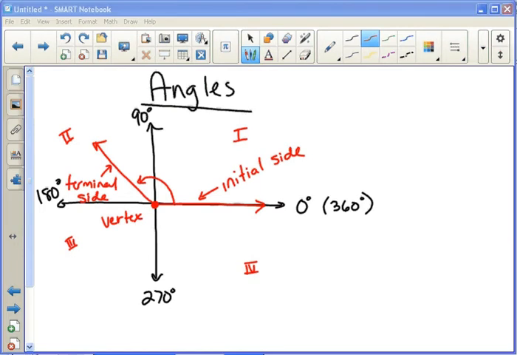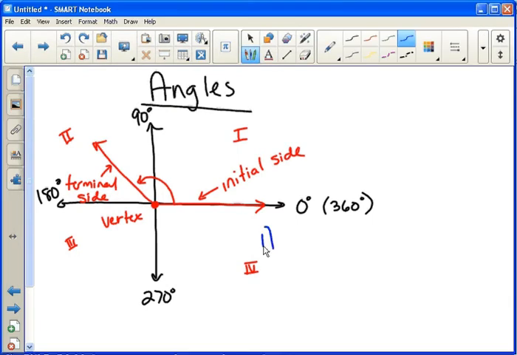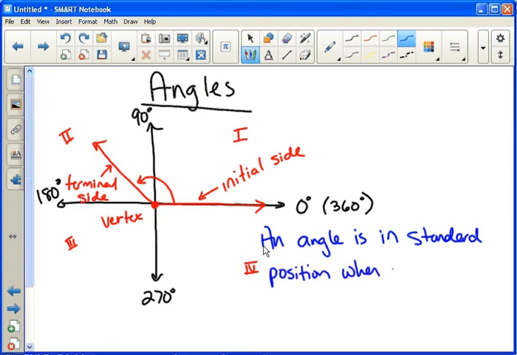And what this is called is the standard position. Okay, let me write that out over here. An angle is in standard position when its initial side is on 0 degrees.